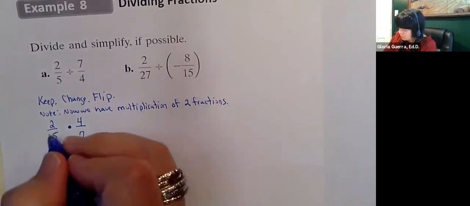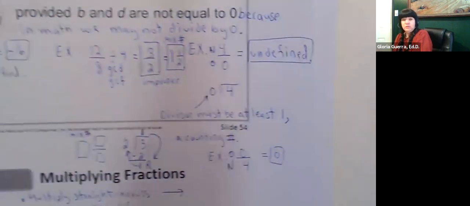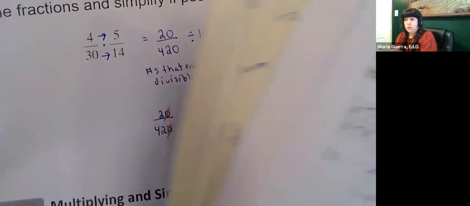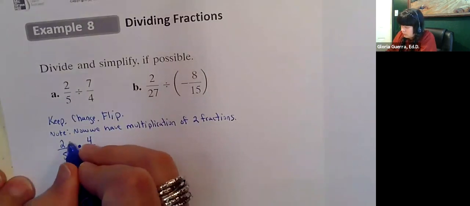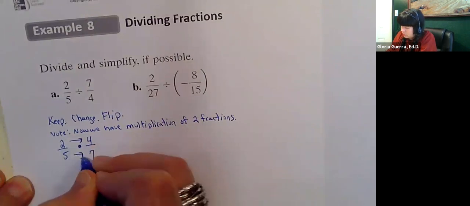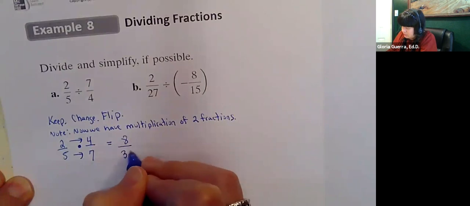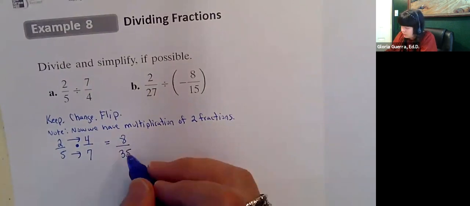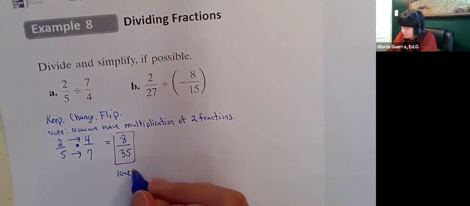So now it's like the lesson that we just did on the previous pages, where we were multiplying fractions. So basically you can multiply straight across and then you try to reduce. 2 times 4 is 8. 5 times 7 is 35. Now I don't think that can be reduced. I think that's already in lowest terms.